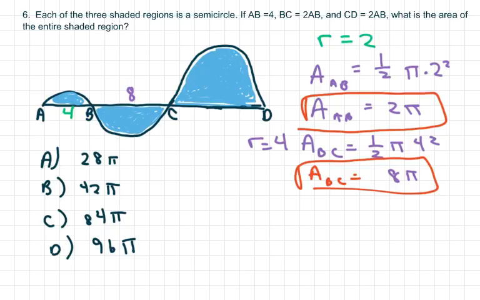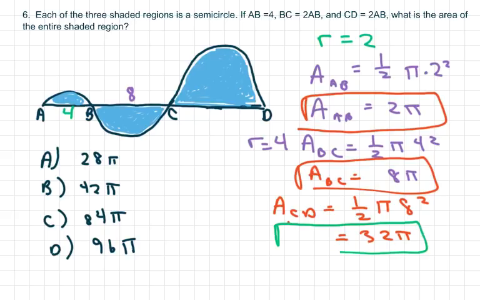So for the last one, the area of CD equals 1/2 pi times 8 squared, which is 1/2 of 64, which is 32 pi. So we have our 3 areas, and then all you have to do is add these up. 2 pi plus 8 pi plus 32 pi equals 42 pi, which equals B.